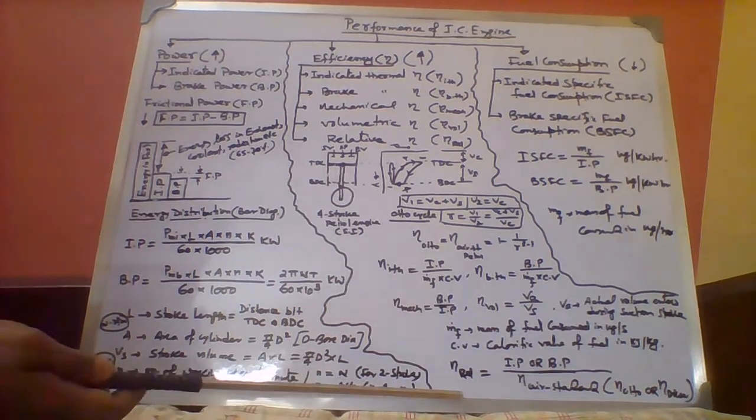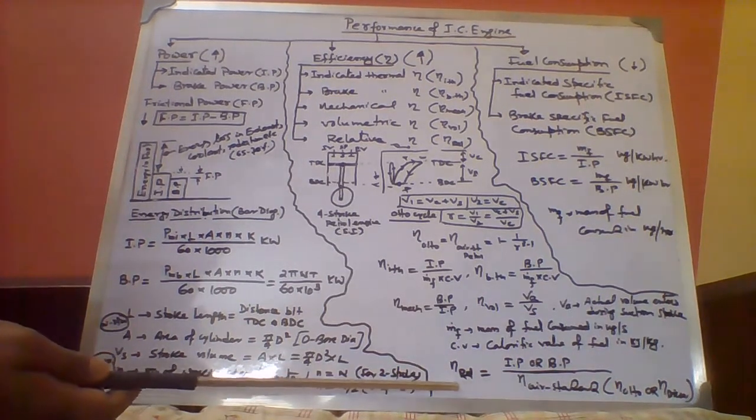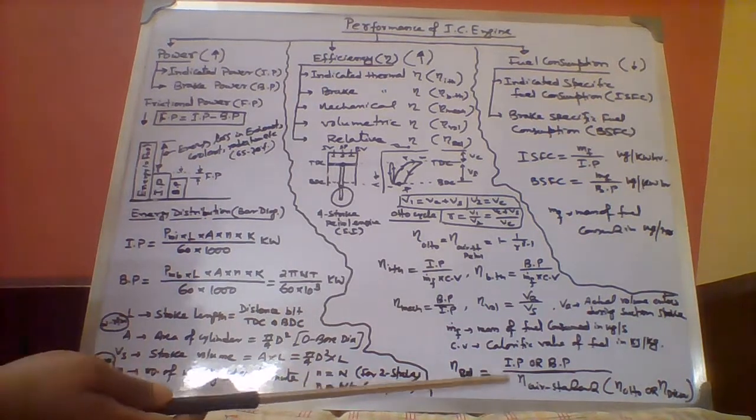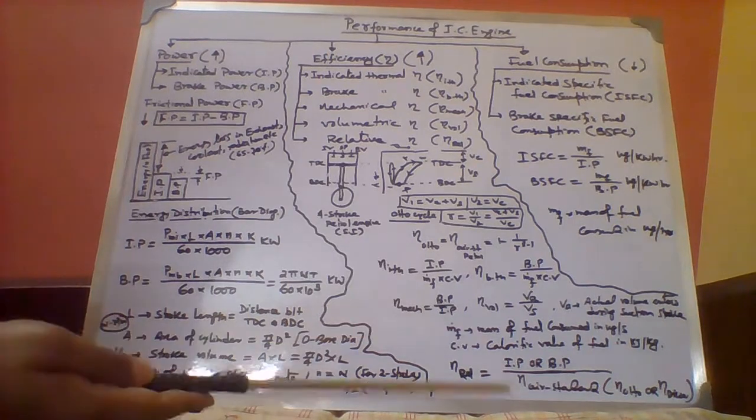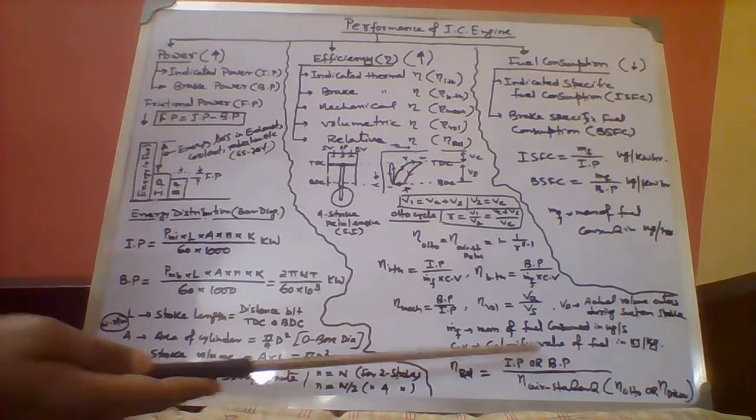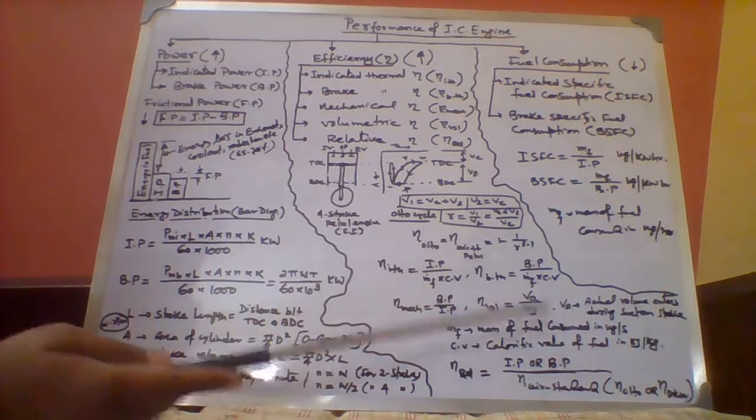Clear? And the last one is eta relative. It can be calculated with respect to reference IP or BP. That means relative efficiency based on indicated power or relative efficiency based on brake power. Depending upon the question, you have to answer it.